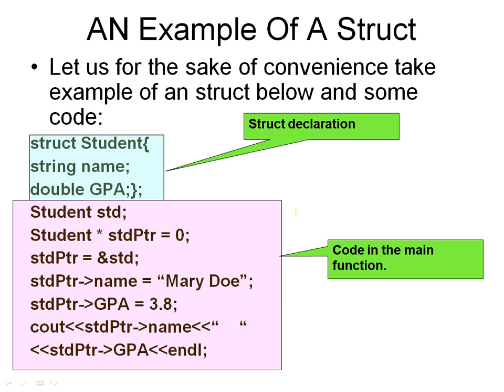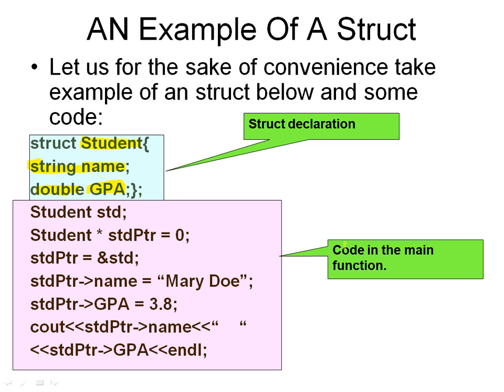We're going to show you another example using the student struct. Here, as you know, all the members in the struct are public. There's a struct called student. It has two members, name and a double type GPA.